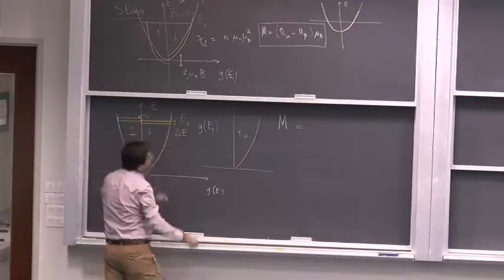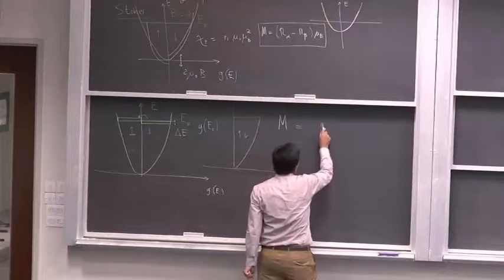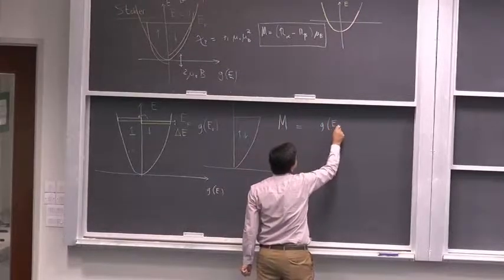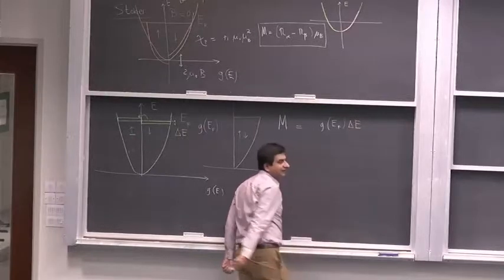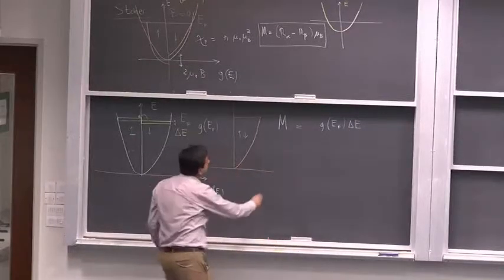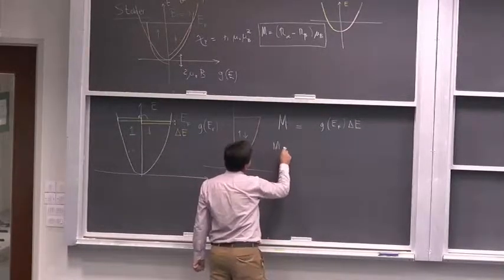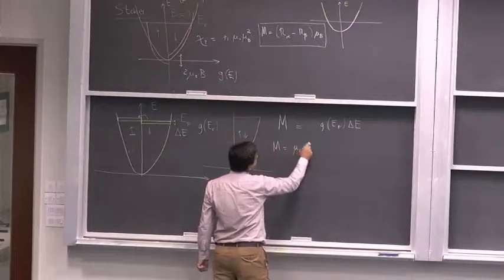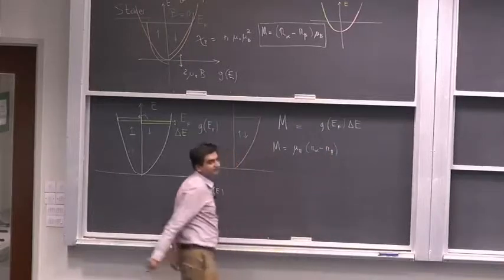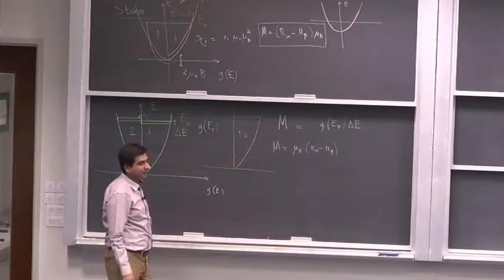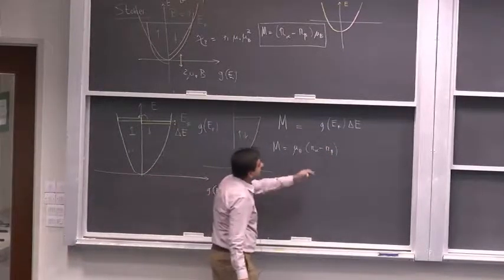Now what is this area? This area is G(EF) delta E. So the magnetization we all know is mu B (n alpha minus n beta).